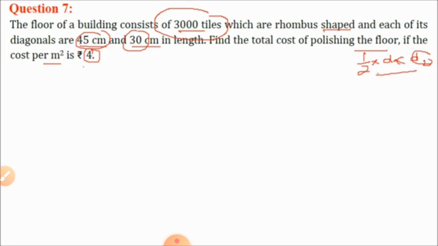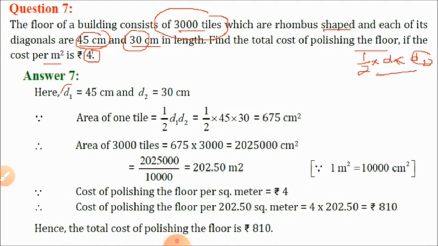Okay, very good. According to that, you have to find out the cost, but here the cost is in meter square. Now convert it into meter square, because 1 meter square is equal to 10,000 centimeter square. For 1 meter square it is 4 rupees, so 202.50 meter square. Yes, my dear student, this is the meter square.